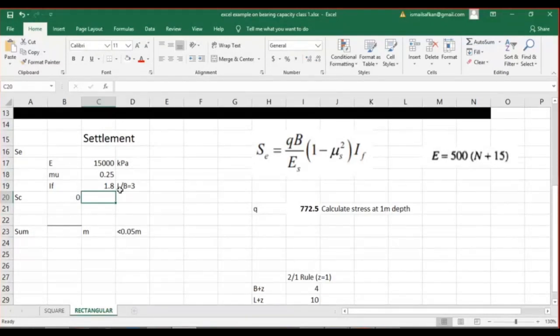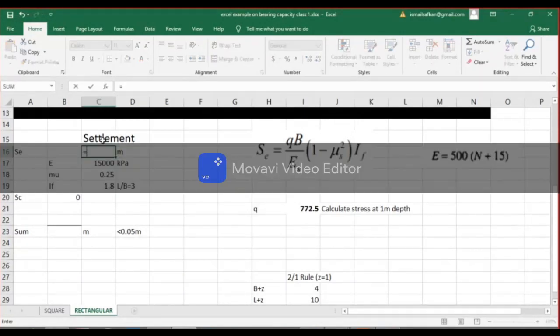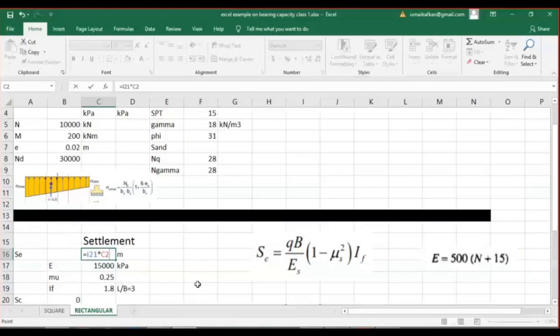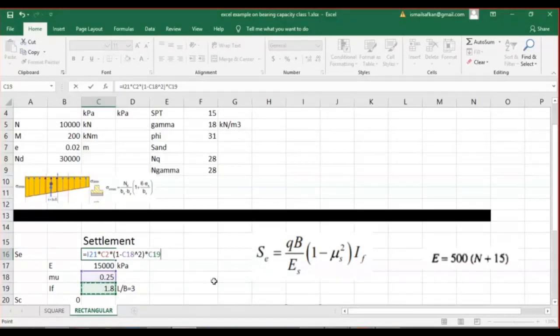Let's calculate the settlement equal to the stress times B times open bracket 1 minus mu squared times IF divided by modulus of elasticity.